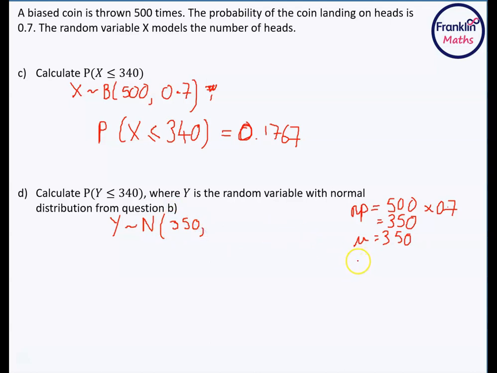And the last one then was the variance. Remember, that's sigma squared, which is equal to 500 times 0.7 times 0.3. So sigma squared then is going to be equal to 500 times 0.21, which I think is 105.